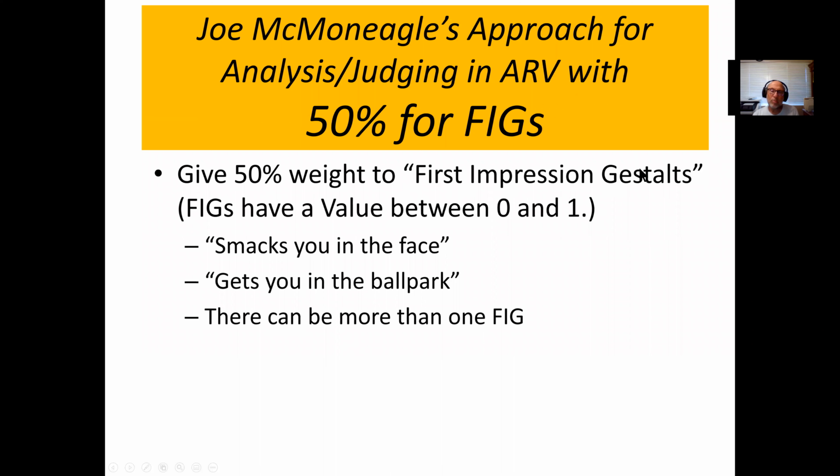What is this first impression gestalt? It's the kind of thing when you quickly look at a picture, if I just flashed it at you, we've actually done this in some of the earlier webinars, you flash it for a tenth of a second, and you only get some of the big picture stuff. You get the stuff that smacks you in the face. It gets you in the ballpark of what's going on in more detail. And there can be more than one of that.